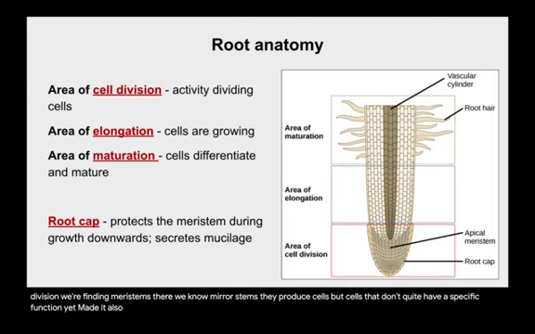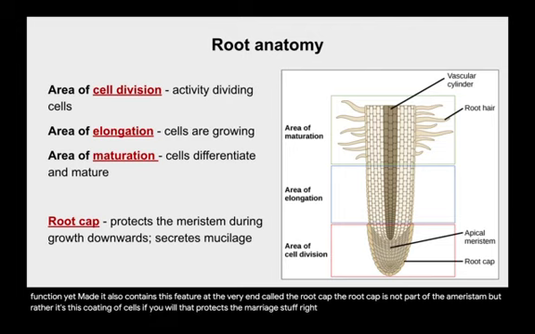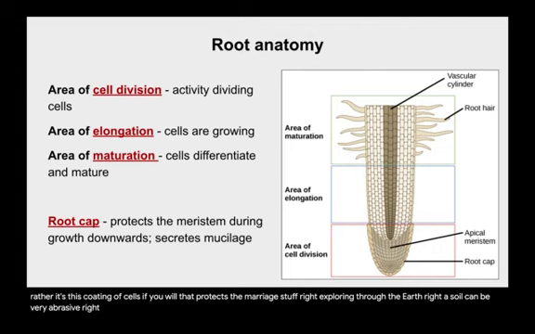So our area of cell division here also contains this feature at the very end called the root cap, right? The root cap is not part of the meristem, but rather it's this coating of cells, if you will, that protects the meristem, right? Roots are exploring through the earth, right? Soil can be very abrasive, right? And so this root cap is here to protect our meristem so that our meristem is not being damaged, right?